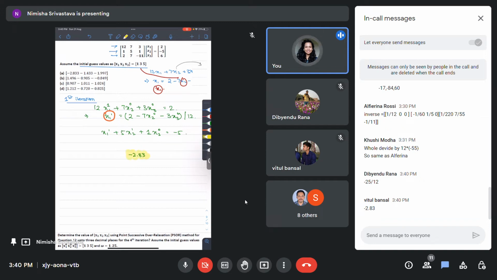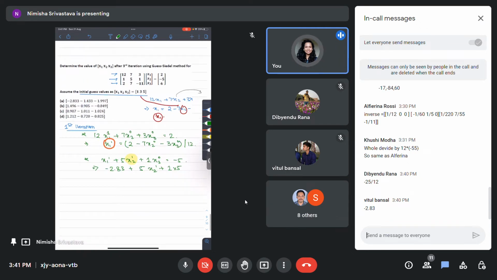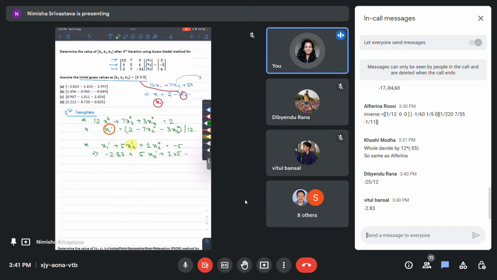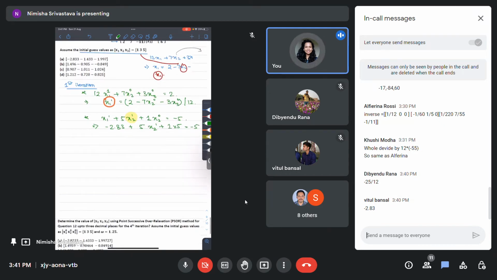Thank you. Once we get this minus 2.83, we plug it into the second step of our first iteration, where I'm trying to find x2. This is my unknown now, right? So I'm going to plug in the value minus 2.83 over here. I have minus 2.83 plus 5 times x2^(1), which I don't know, plus 1 times 5, which I know because I'm still using the initial values for the third variable as well. So here we're going to get another division.